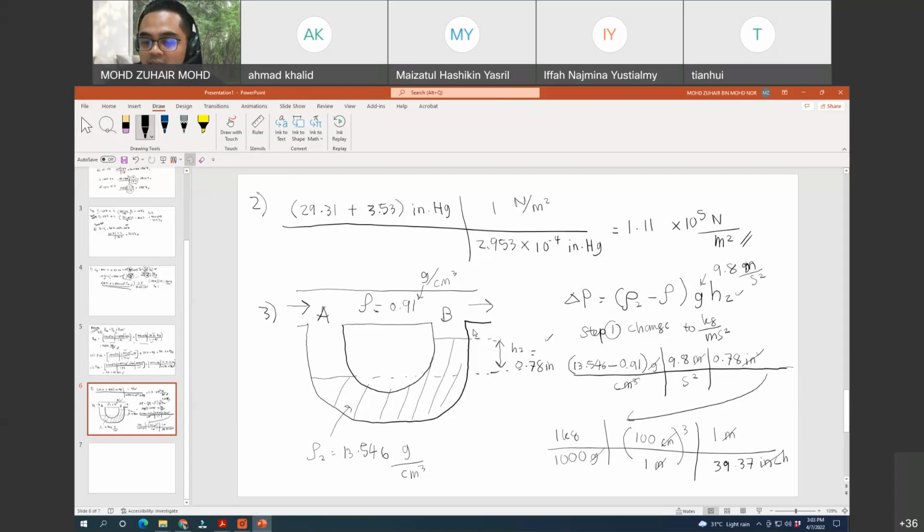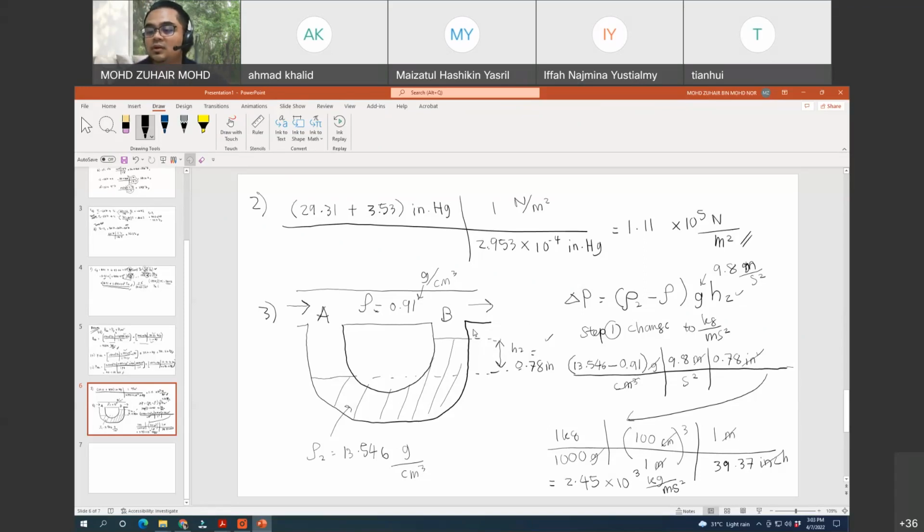Okay. So, at the end, we are going to get the final answer of 2.45 times 10 power of 3 kg over m s power of 2.